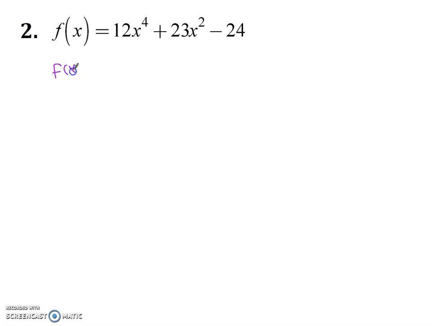So to factor it, I'm going to try multiples of 12. I'm going to start with 4 and 3. There's nothing wrong with starting with 2 and 6 and 1 and 12, but I usually start with the middle ones. And actually on this one, I know I can't start with 2 and 6, because if I have to find multiples of 24, that's always going to include at least one even number.